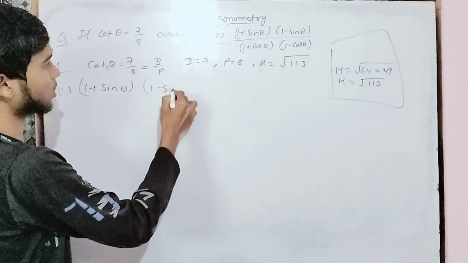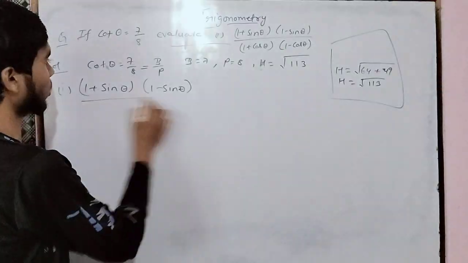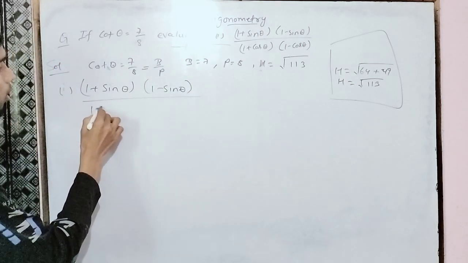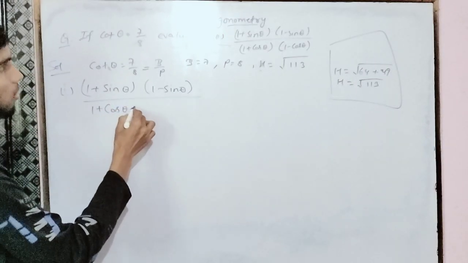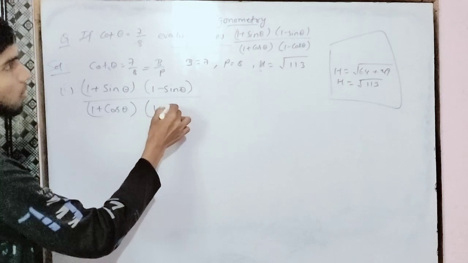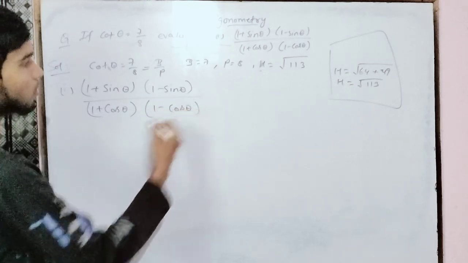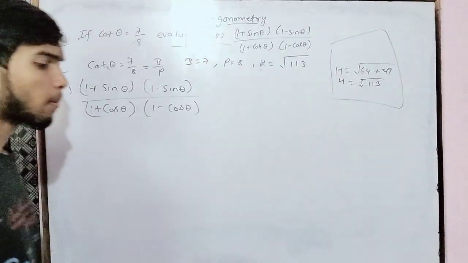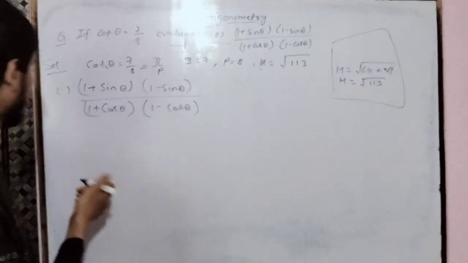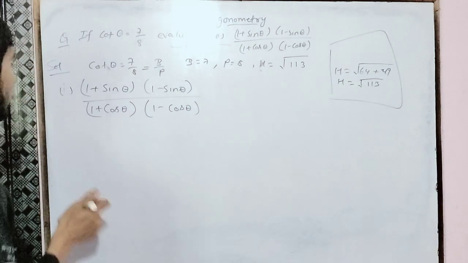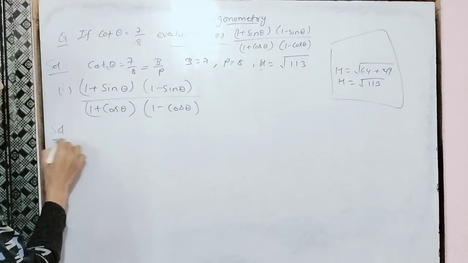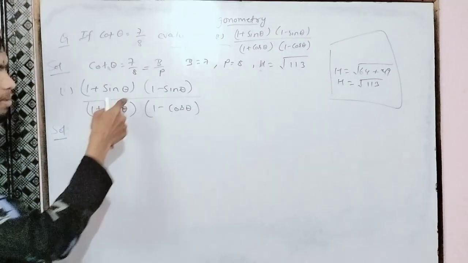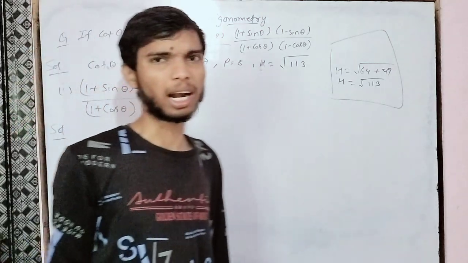So here sin theta upon 1 plus cos theta, no problem till here. Now here what will we apply? Algebraic identities. Here you can see a plus b, a minus b. It is the algebraic identities.